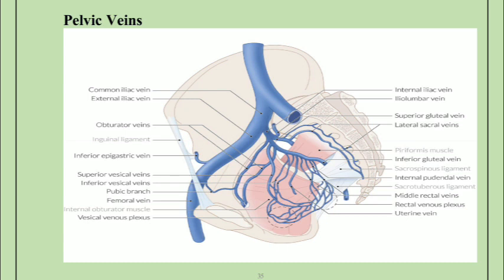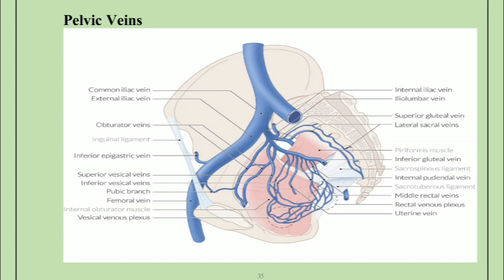Don't forget to take a look and identify that. Even the iliolumbar vein is there. So the uterine vein is there. So you find out that for all these arteries I've been talking about, you have the corresponding veins, all tributaries of the internal iliac vein, and the blood will eventually get to the common iliac vein.